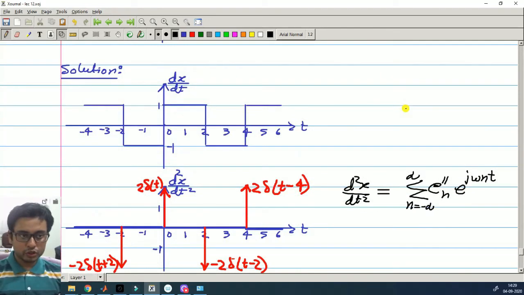And suppose the Fourier series of this square wave, that is the first derivative, is like this: dx/dt equal to sum over Cn prime e to the power j omega n t.